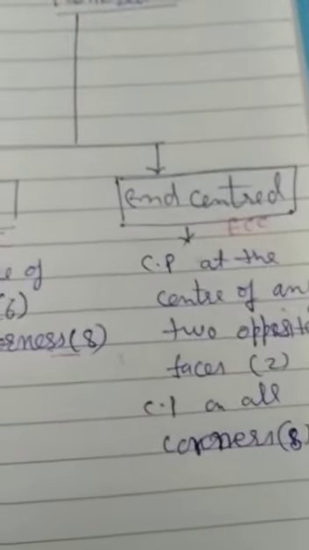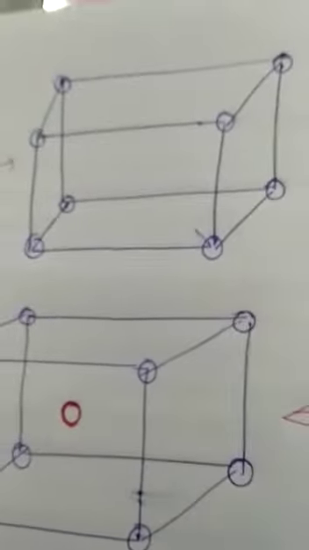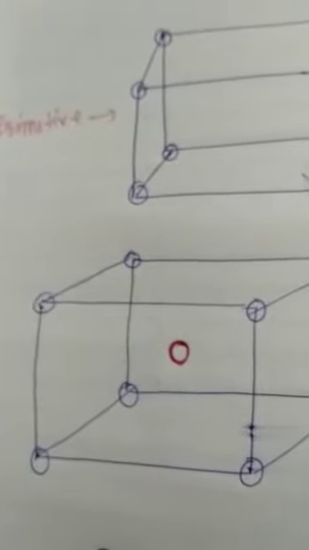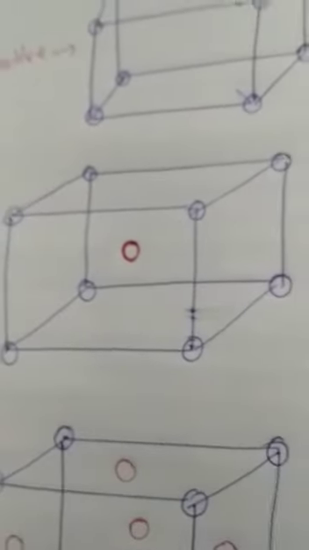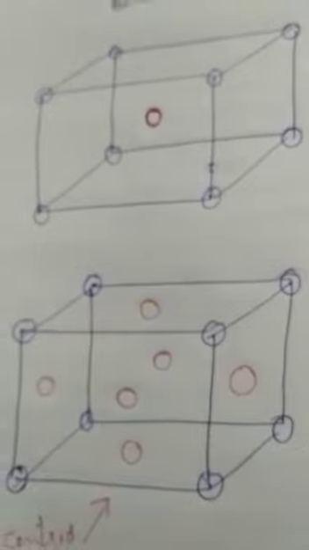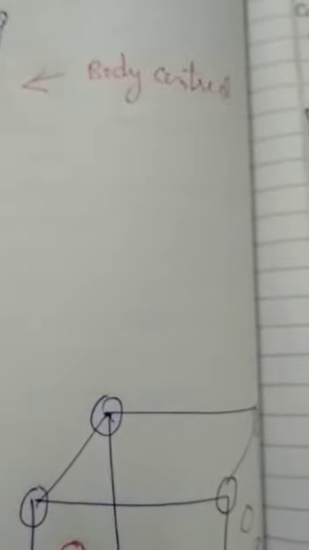So this is about the classification of the unit cell, and this is about their diagram. This one is primitive or simple, this is body centered, this is face centered, and this is end centered.